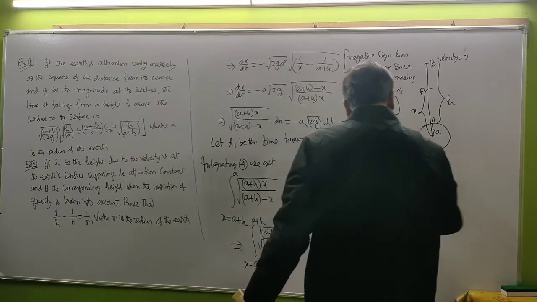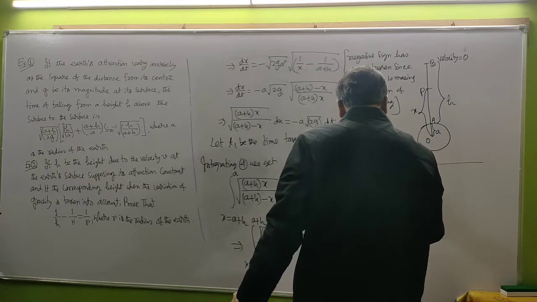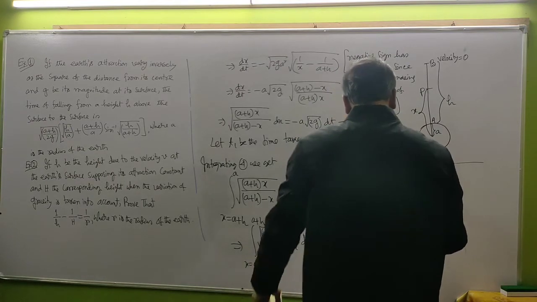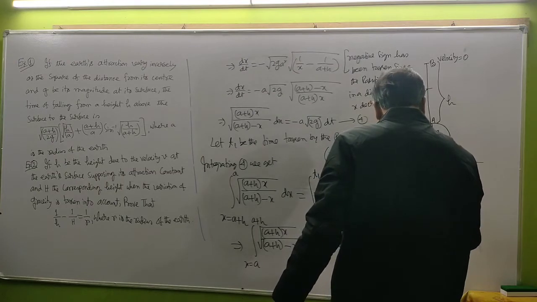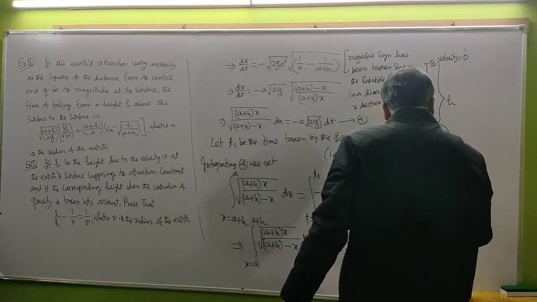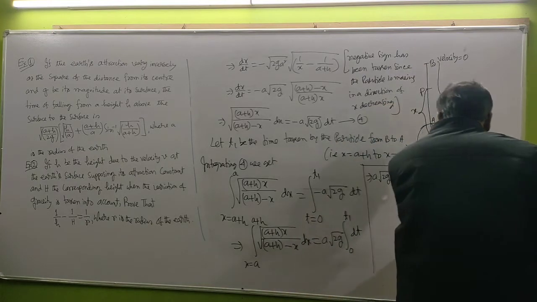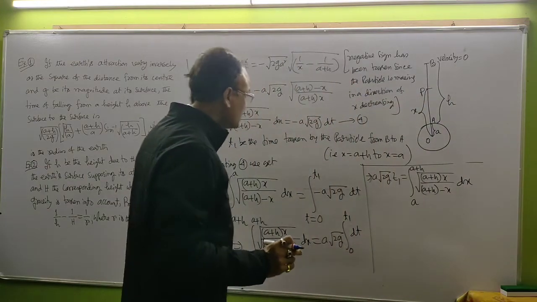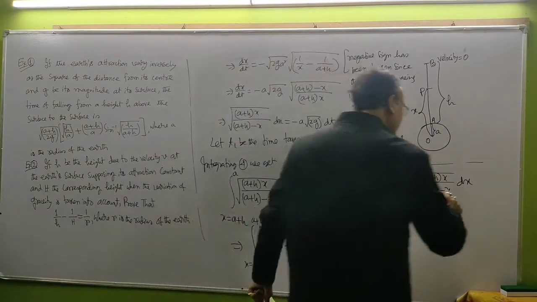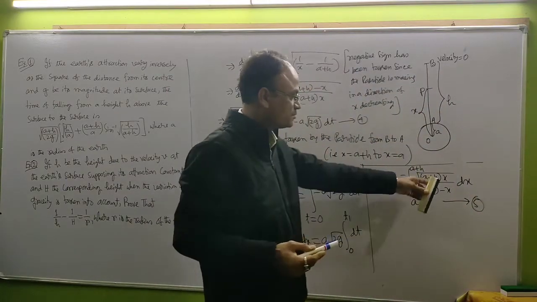Or from this, a root over twice g times t1 is equal to the integration from a to a plus h of root over a plus h minus x divided by x dx. Suppose this is number 5. We have to integrate number 5.